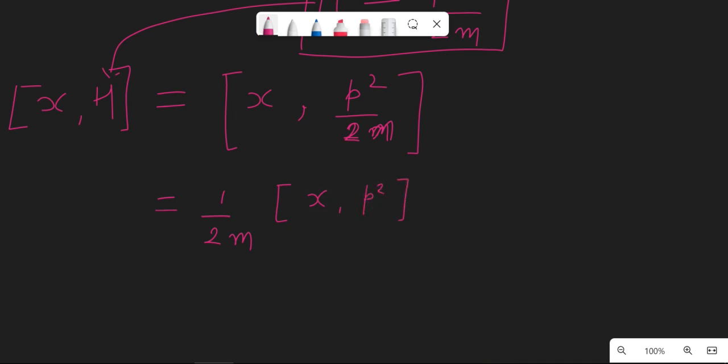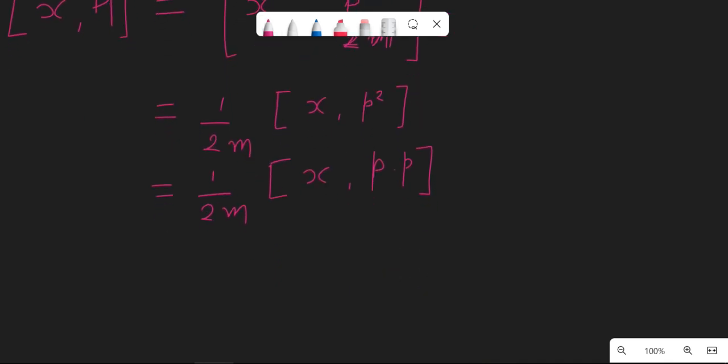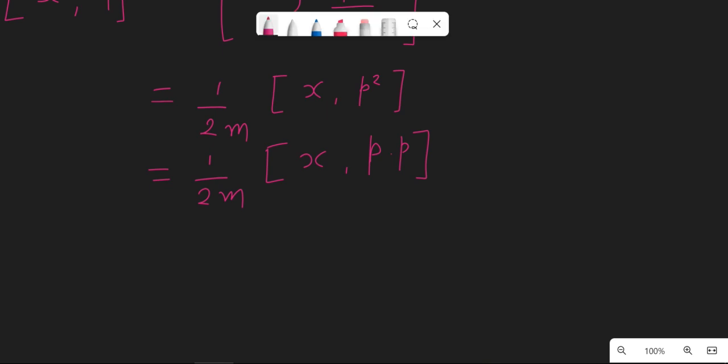Now this P square can be written as P into P. Now I put the formula of commutation relation, so this multiplication can be written as x comma P plus x comma P.